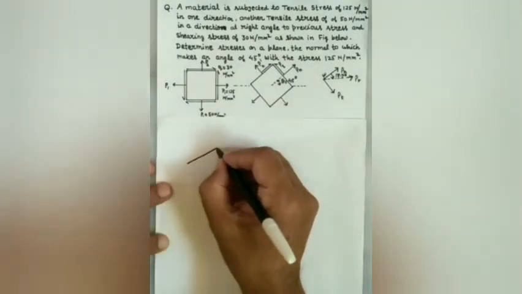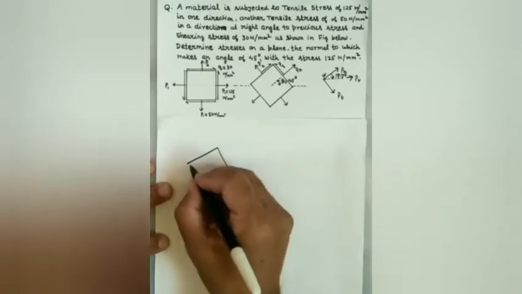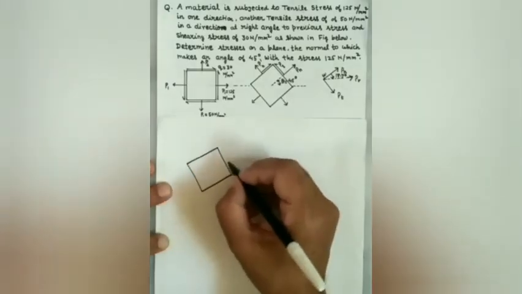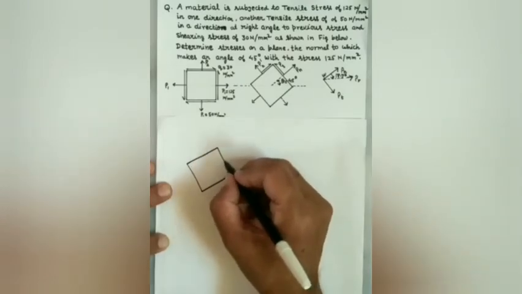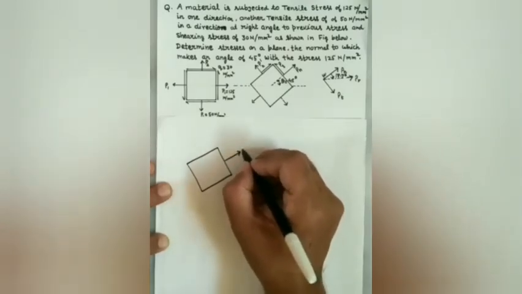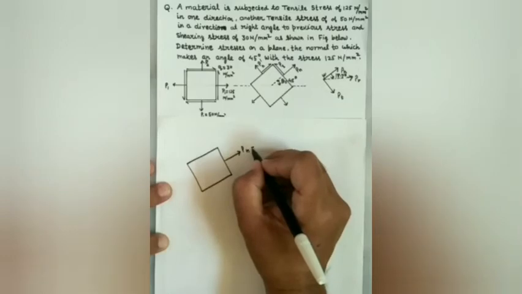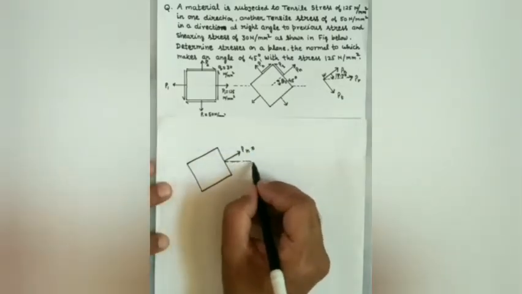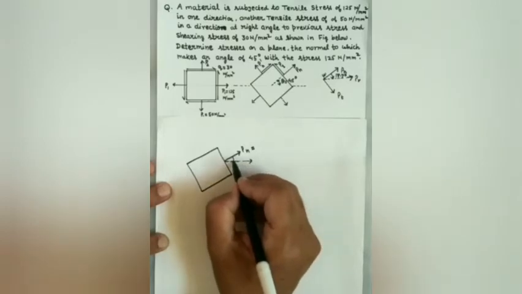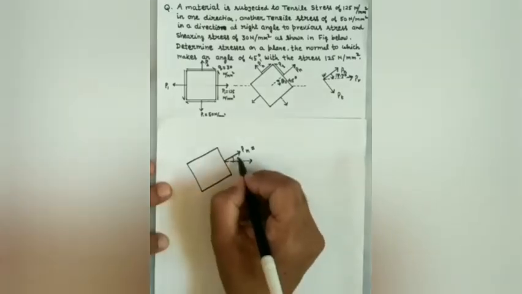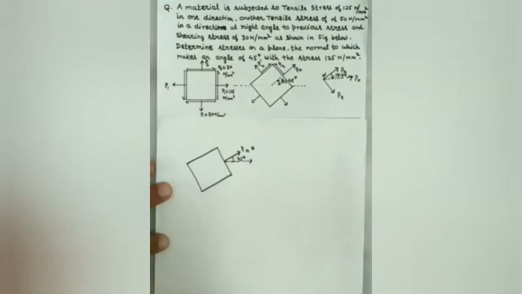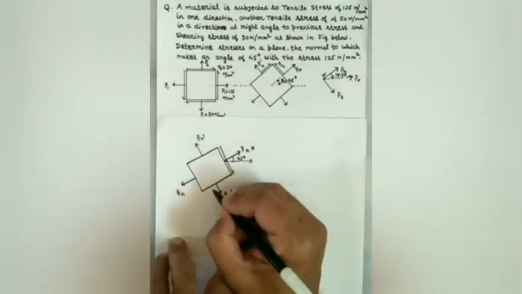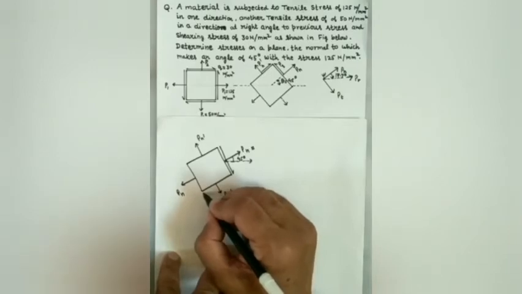Now what we have obtained so far, we'll show on the diagram. Pn, the normal stress on the inclined plane, is shown like this, which makes 45 degrees from the direction of stress 125 Newton per mm square, and the stress is shown in this direction, Pt.